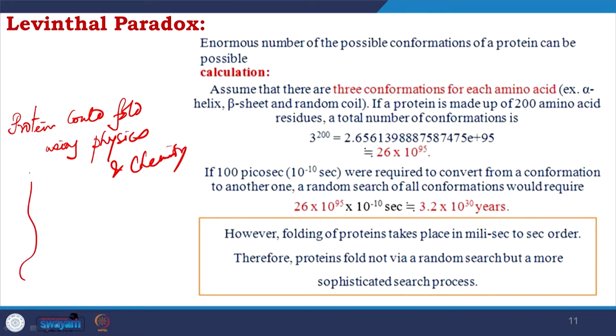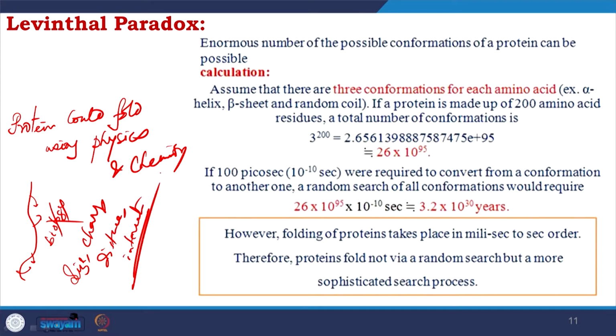A sequence remembers where to fold, so it folds not by biology, but by remembering the size, charge, distance, interaction. That is why I said it is folding by physics and chemistry instead of biology.